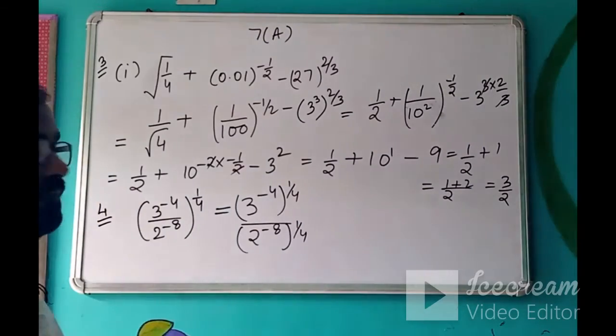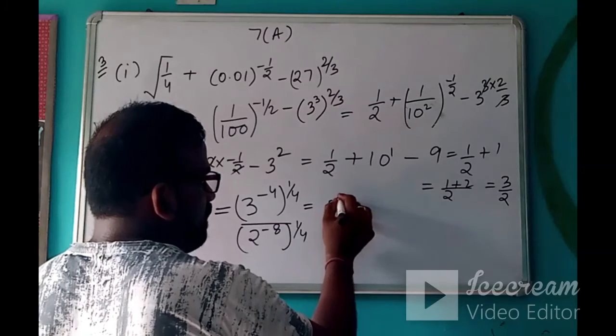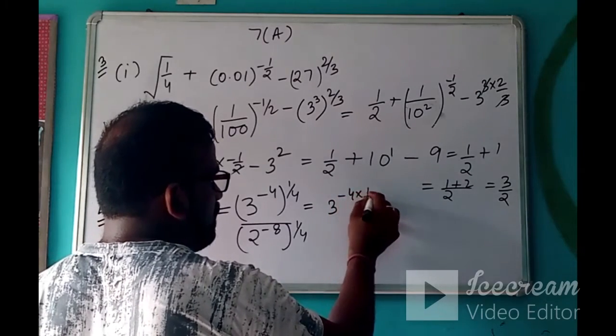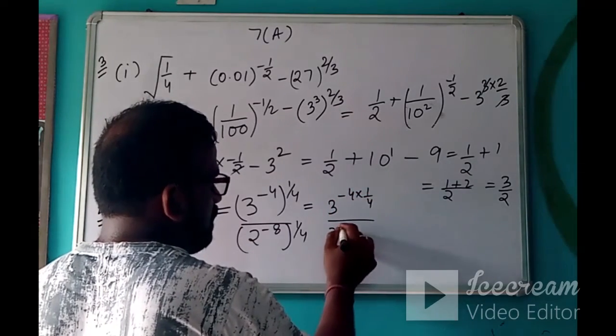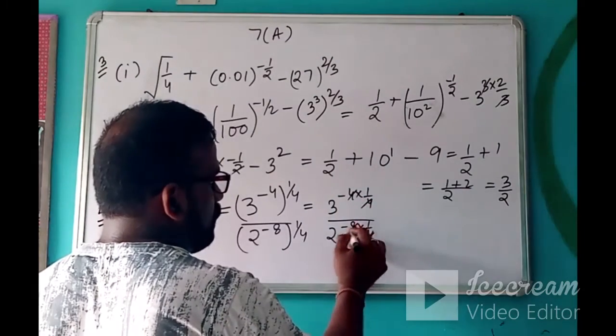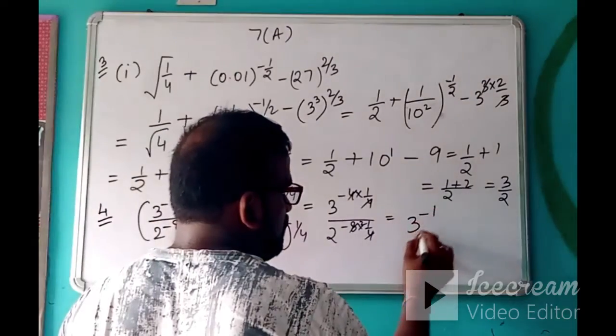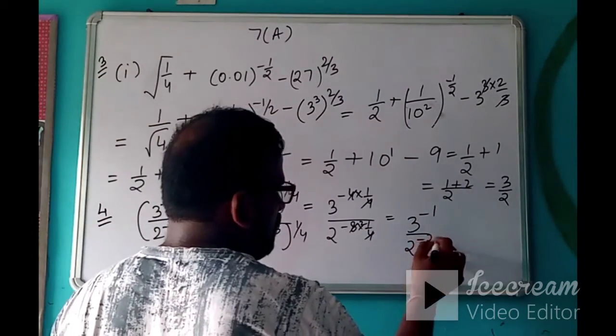Okay, we have separated. Then these powers will multiply with each other like this. So 4 and 4 cancel, 4 into 2. So finally what you will get, 3 to the power minus 1 upon 2 to the power minus 2.